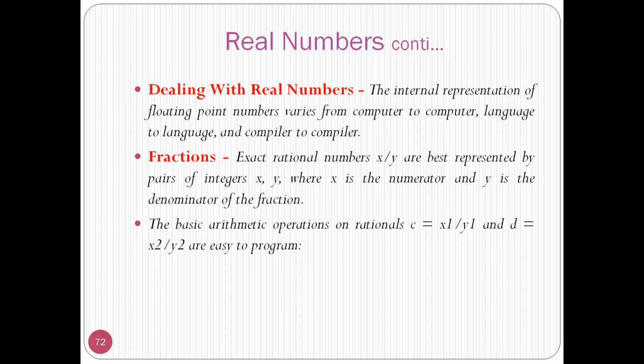Let us see how to represent these arithmetic operations. First, for the addition of these two values c and d, where c is x1 divided by y1 and d is x2 divided by y2, c plus d is equal to x1 y2 plus x2 y1, and the whole is divided by y1 y2.